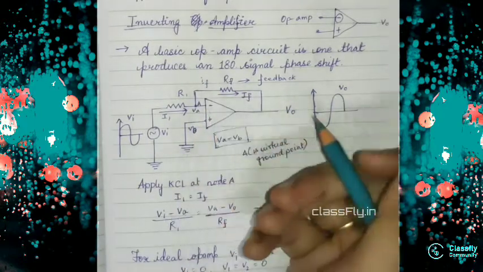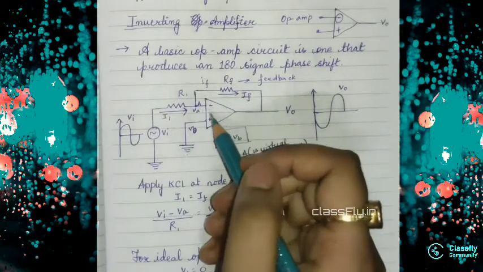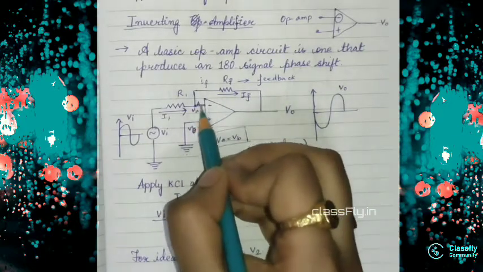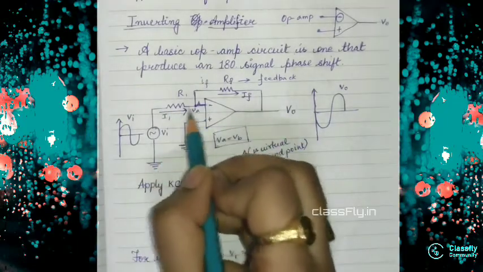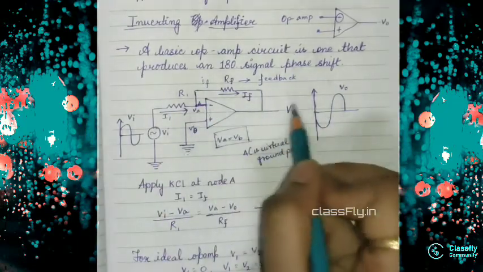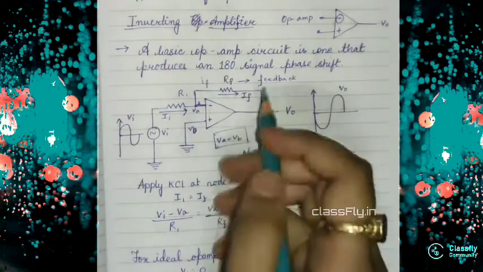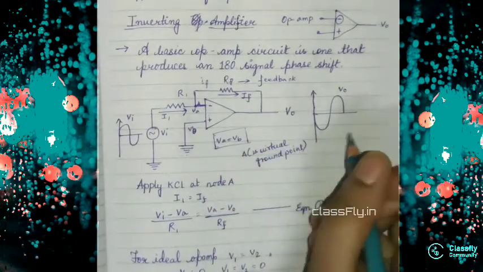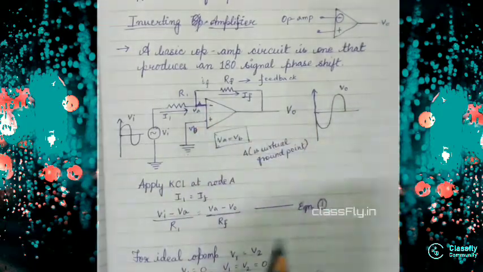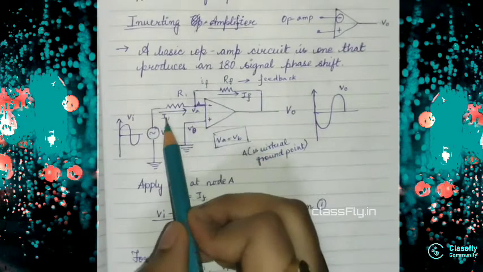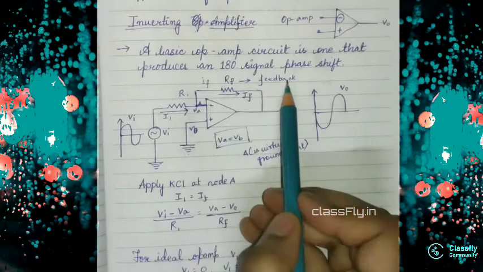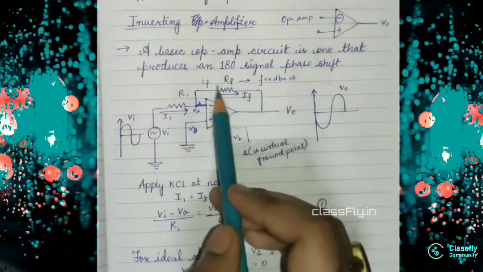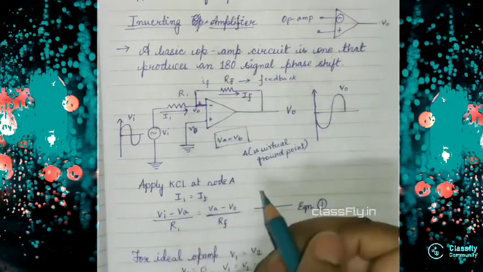And its internal resistance, we know, is infinity, so there will be no flow of current here. Okay, so the current will move to the feedback and come to V0. Now we will apply KCL at node A, that is this point. We know this current is equal to this current, that is, I1 is equal to the feedback current IF.